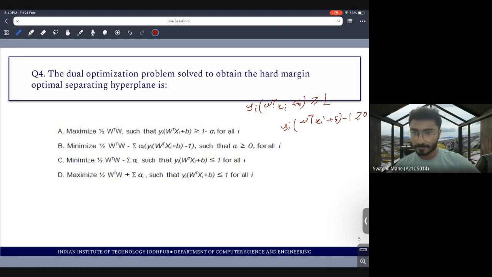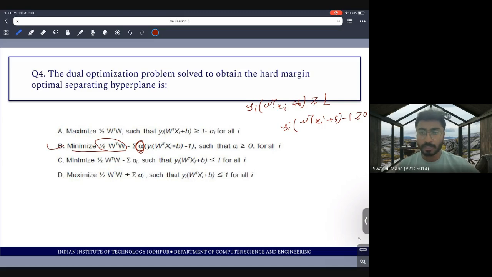Yeah, it's correct. Some students have given the correct option, that is option B. Here you can see that we are minimizing the previous equation, it is the same, but here we have introduced a Lagrange's parameter to scale it out, and by using this alpha and w, we can find the b as well.